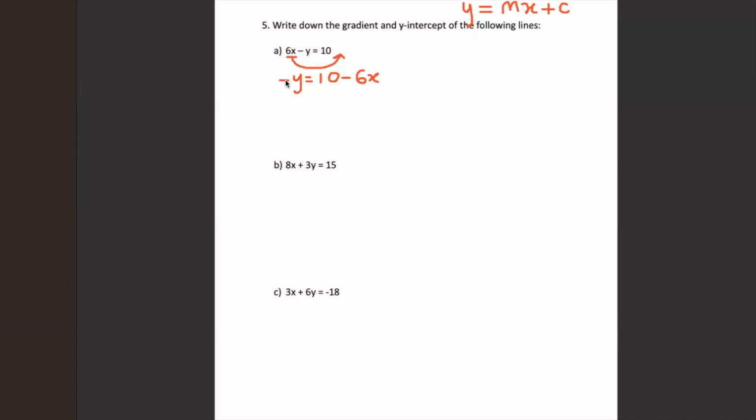So this minus y needs to be changed to plus y. If minus y changes to plus y, everything else on the right-hand side needs to be changed to its opposite sign. So plus 10 should change to minus 10, and minus 6x should become plus 6x.